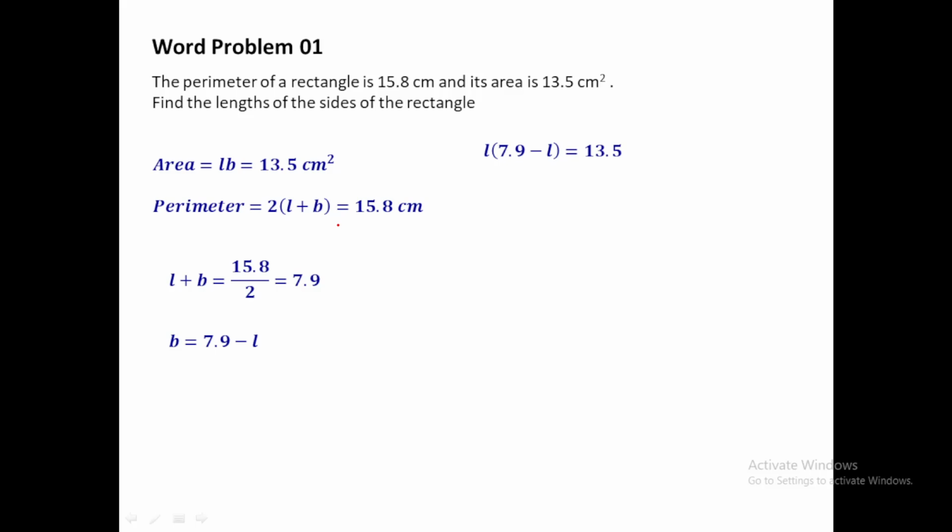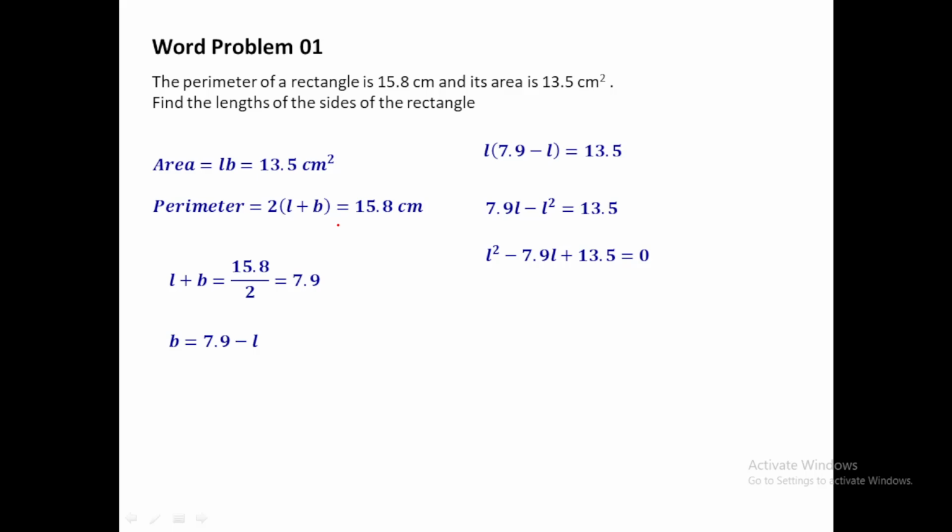Yes. Then we distribute L with 7.9 and minus L. We get 7.9L minus L squared, which is equal to 13.5. Then we can rearrange the terms to L squared minus 7.9L plus 13.5 equals 0.